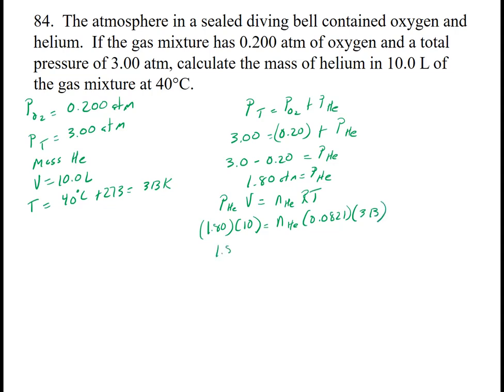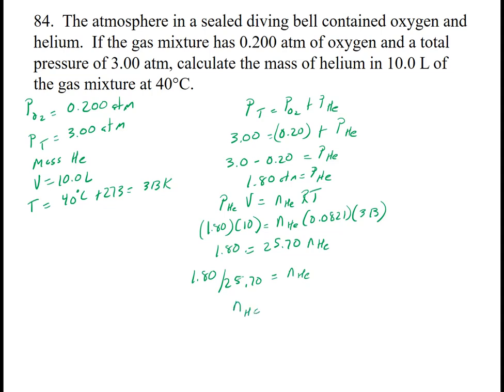So 1.80 is equal to, again, that 25.70 N of helium. So 1.80 divided by 25.70 is N of helium.